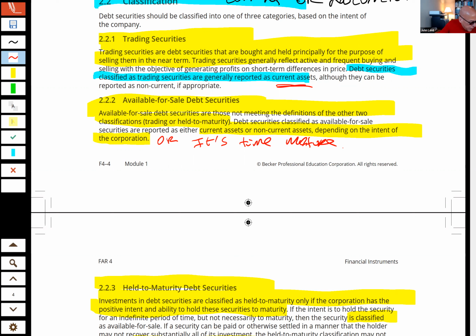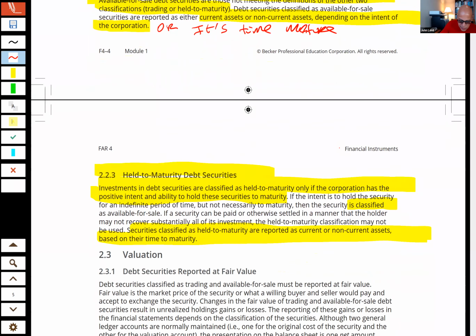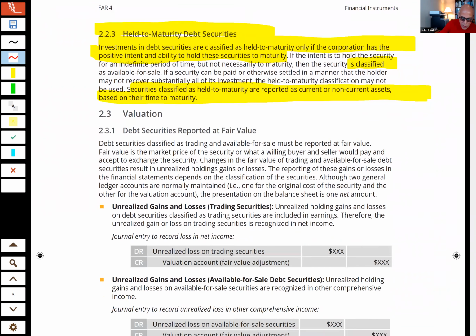Now that's the classification on the balance sheet as to current or non-current. Let's take a look at the valuation. If it is a trading security and there are unrealized gains and losses, unrealized gains and losses on debt classified as trading securities are included in earnings.